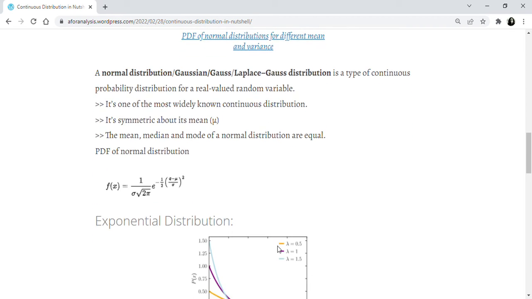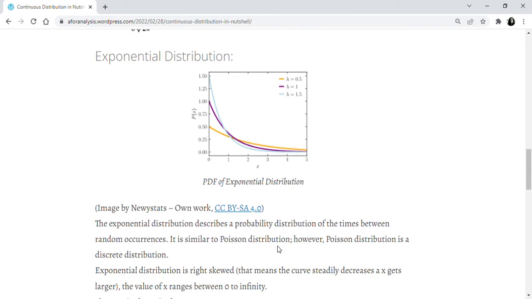Moving on to the next one, which is exponential distribution. As you can see, this is an exponential function, and exponential distribution describes a probability distribution of the times between random occurrences. This is actually similar to Poisson distribution.